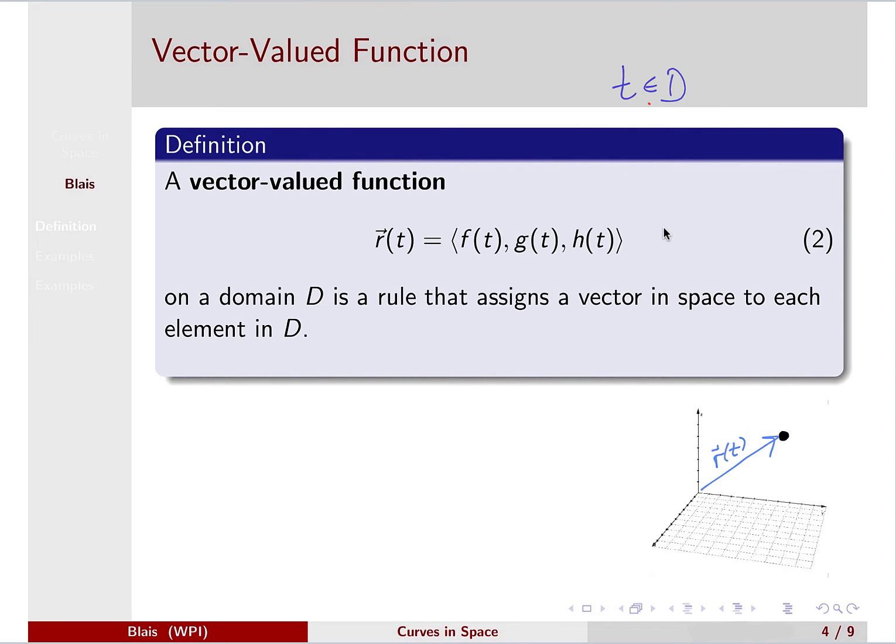So if this is our r of t, this point in space here is the point f of t, g of t, h of t. And our position vector is always pointing to it. Hence the name position vector.